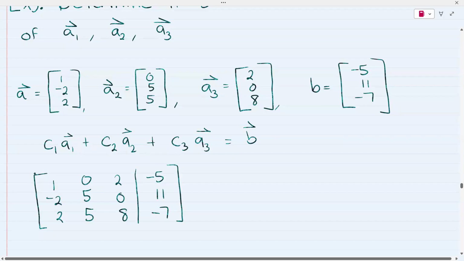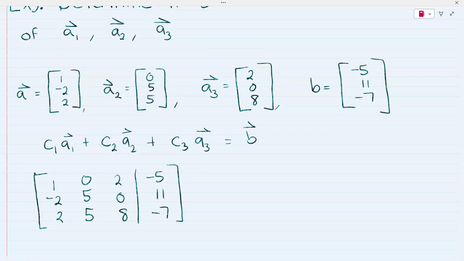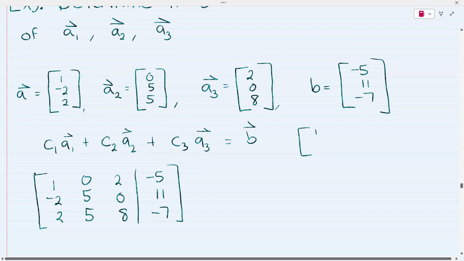Okay, so your goal is to make this 1, 0, 0, 1, 0. Maybe you don't have to, but you can make this into a 0 or a number. And then, actually, let's make this 0.